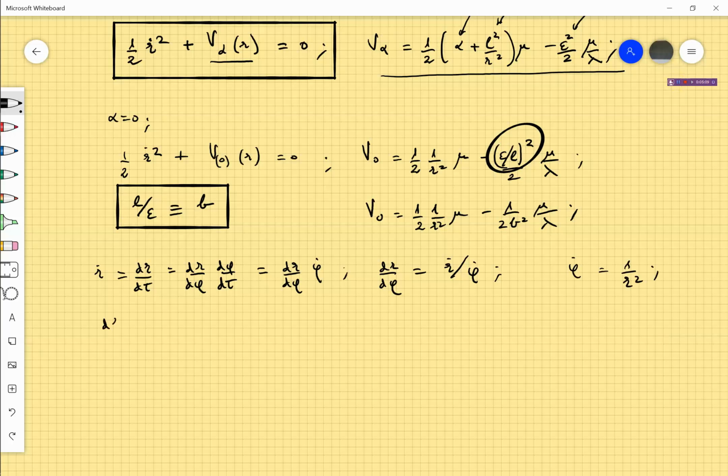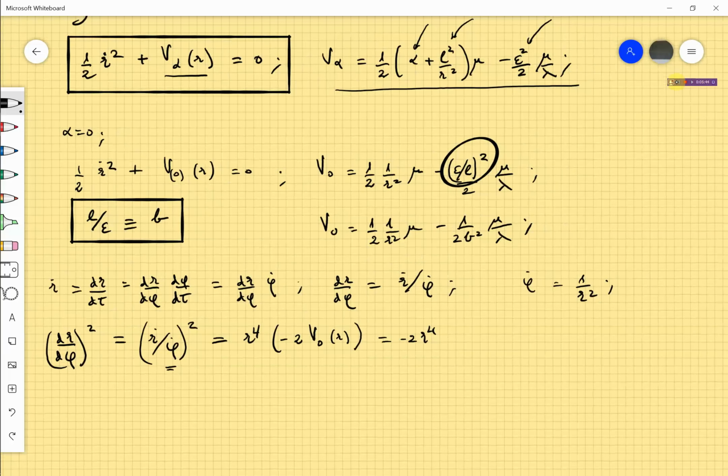So let me just compute dr d phi squared. According to this result, this is just r dot divided by phi dot, squared. So I have r to the fourth from this phi dot, and then I have r dot squared, which is minus 2 v0 of r in this case. So it's minus 2 r to the fourth, and then we have v0, which we have computed here.